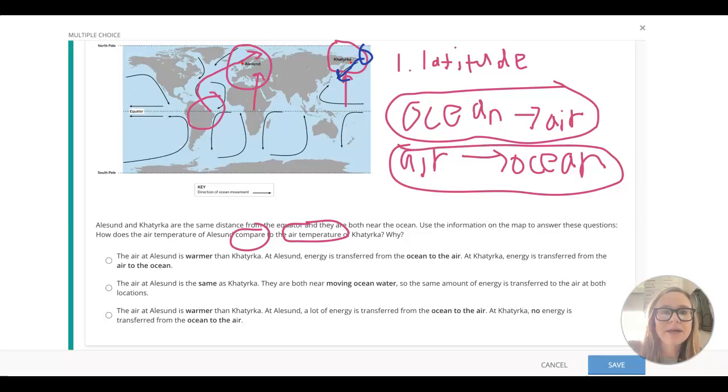Okay, if we think back to the investigation we did with the cups, we had one cup with cold water, which would be the colder ocean, the cooler ocean, and we had one cup with hot water, which would be our warmer ocean current.